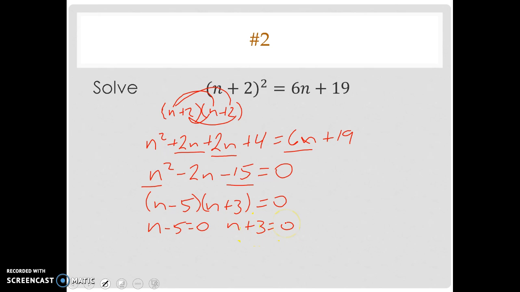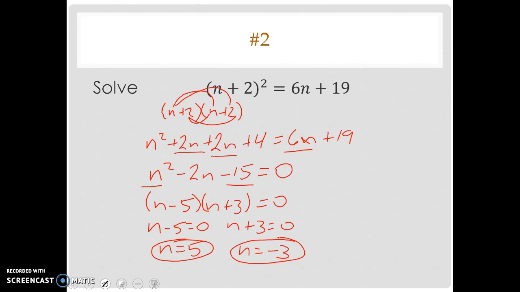And if I add 5 to both sides here, I'm going to have n equals 5. That's one solution. And if I subtract 3 from both sides on this side, n is going to equal negative 3, and that's my other solution. So there's two things that work when I plug them into these equations that are going to give me a correct answer. And that is n equals 5, and n equals negative 3.